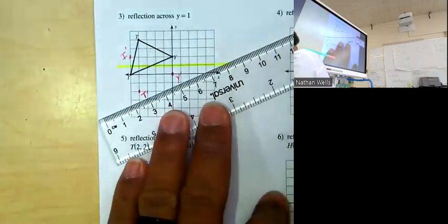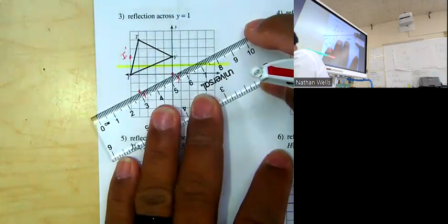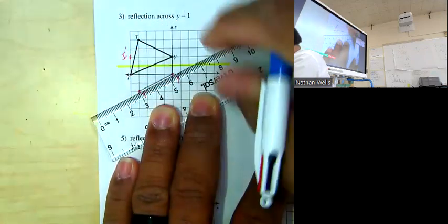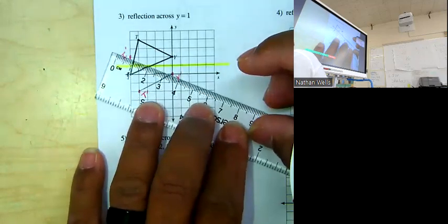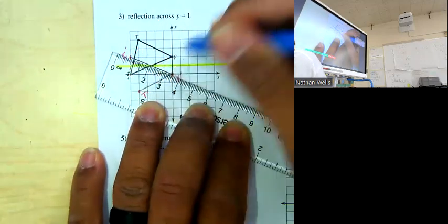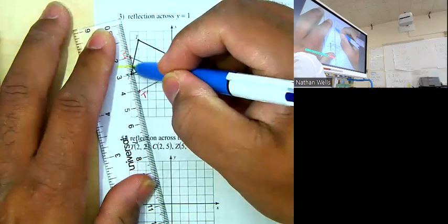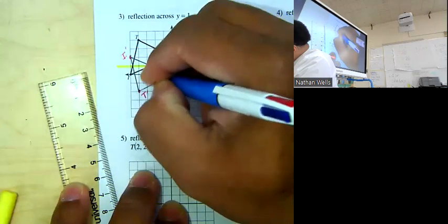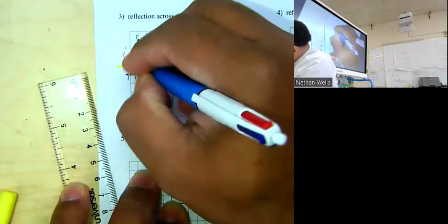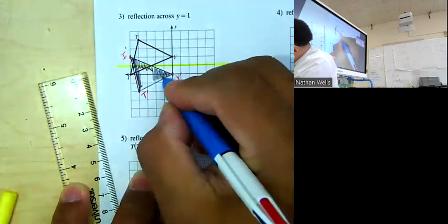Go ahead and connect your points. T and Y. I and Y. And I and T. And go ahead and shade that in so you can see what we just reflected.